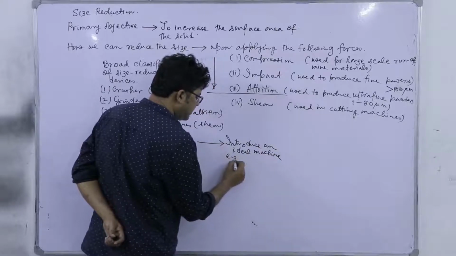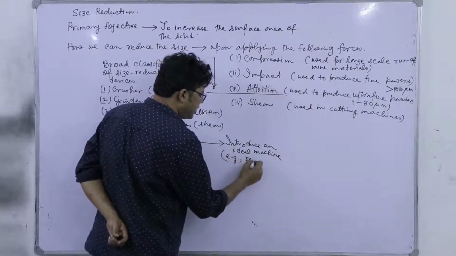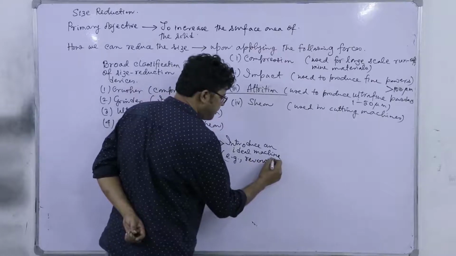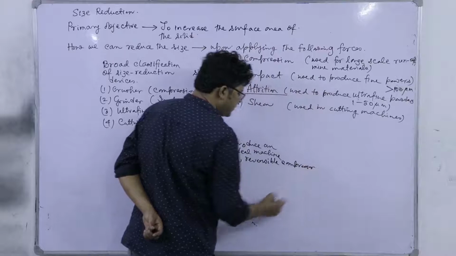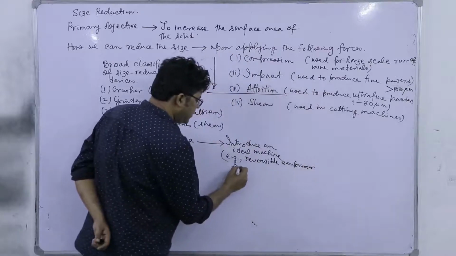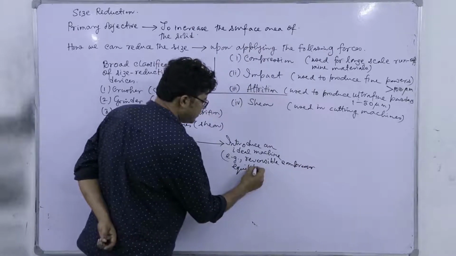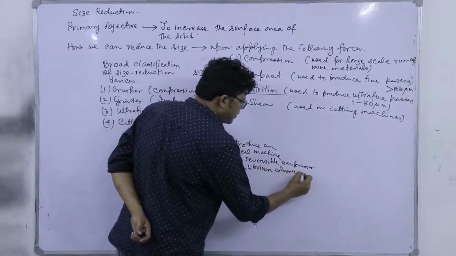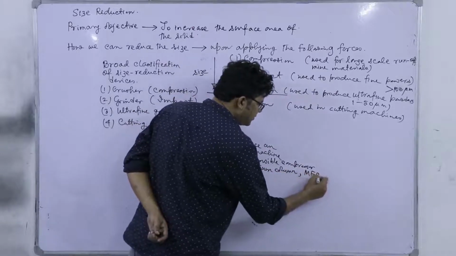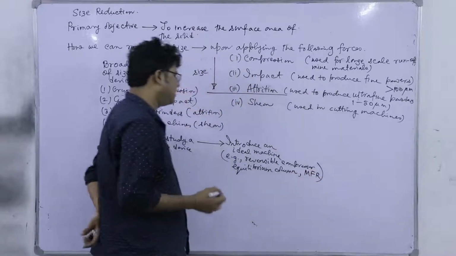Examples are a reversible compressor, an equilibrium column, or an MFR. These are all idealizations.